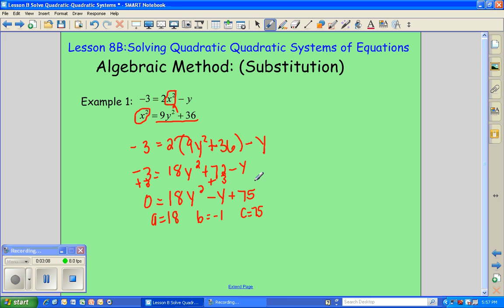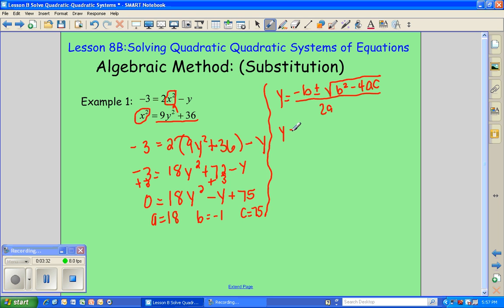So these are some pretty large numbers that we're working with. Instead of x equals, that's going to be y equals negative b plus or minus the square root of b squared minus 4ac all over 2a.